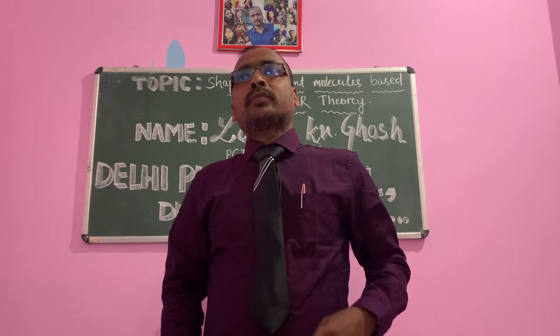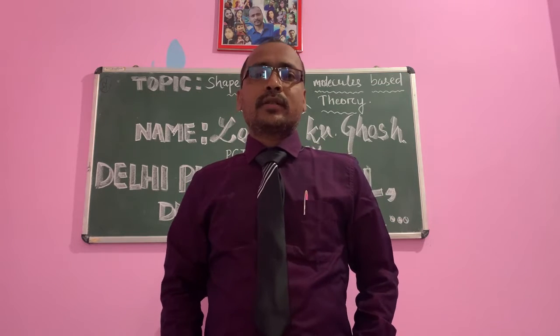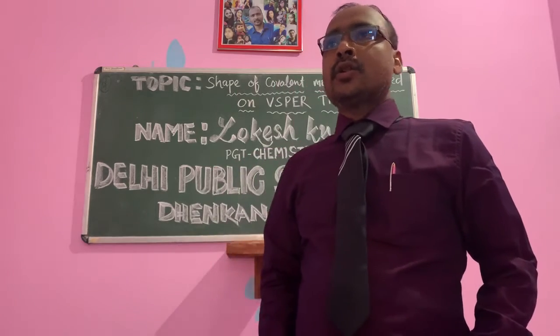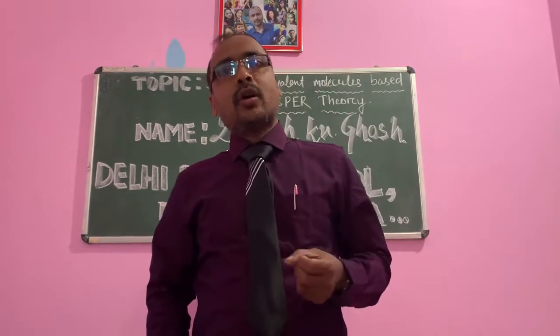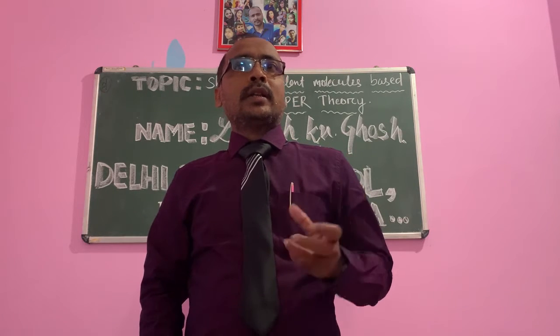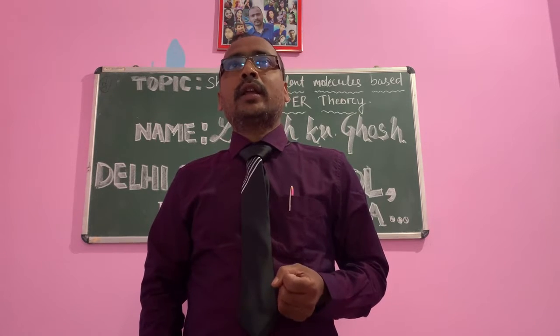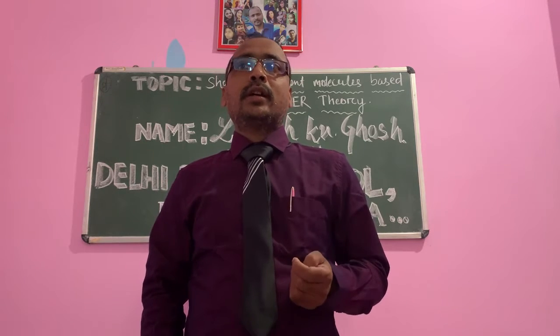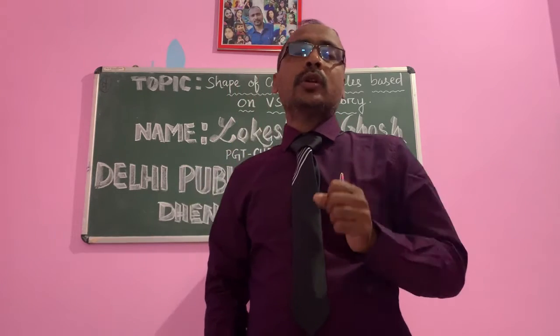Okay, so this theory, VSEPR theory, has some postulates. There are so many postulates. Today in this topic we will emphasize two postulates. First, the geometry of molecules forms such that the bond distance is maximum and repulsion is minimum.